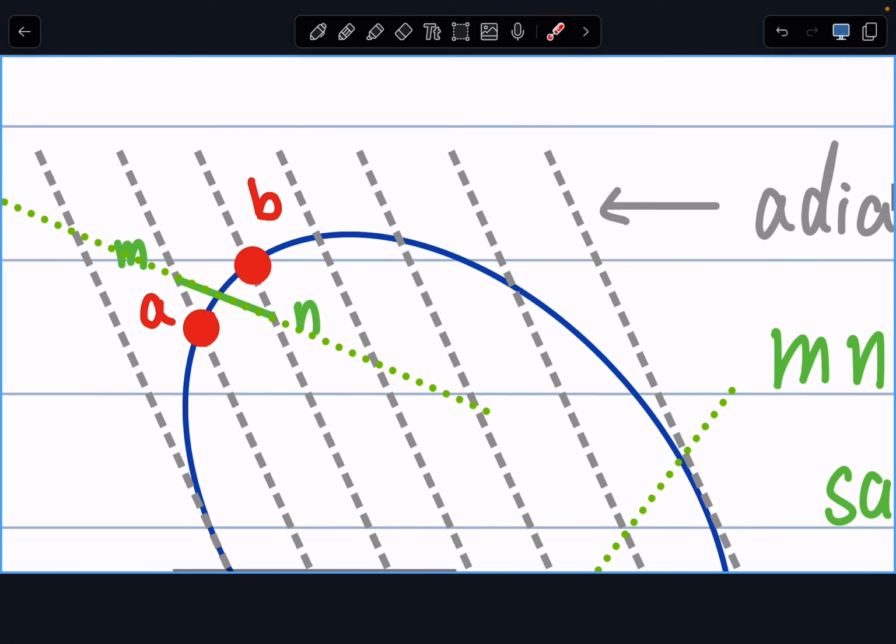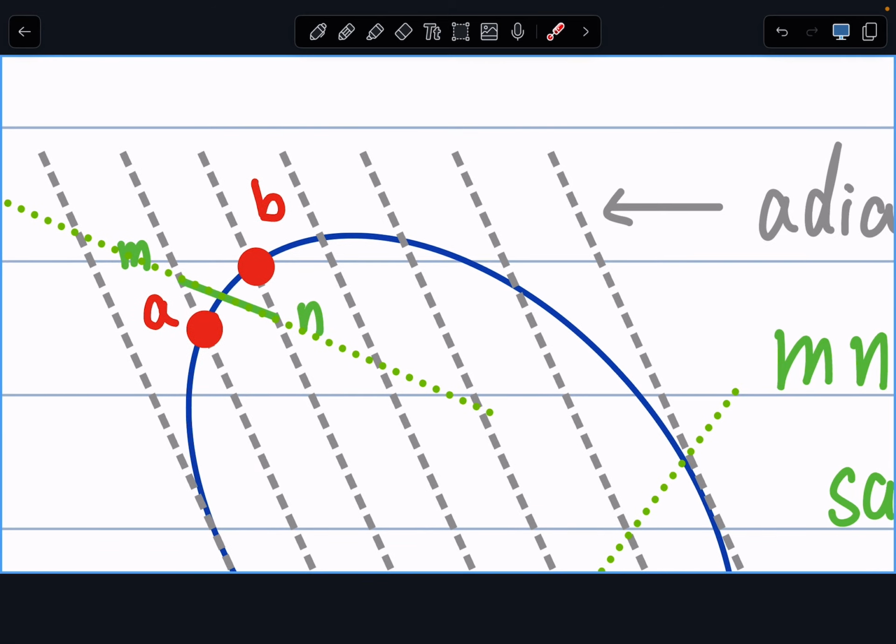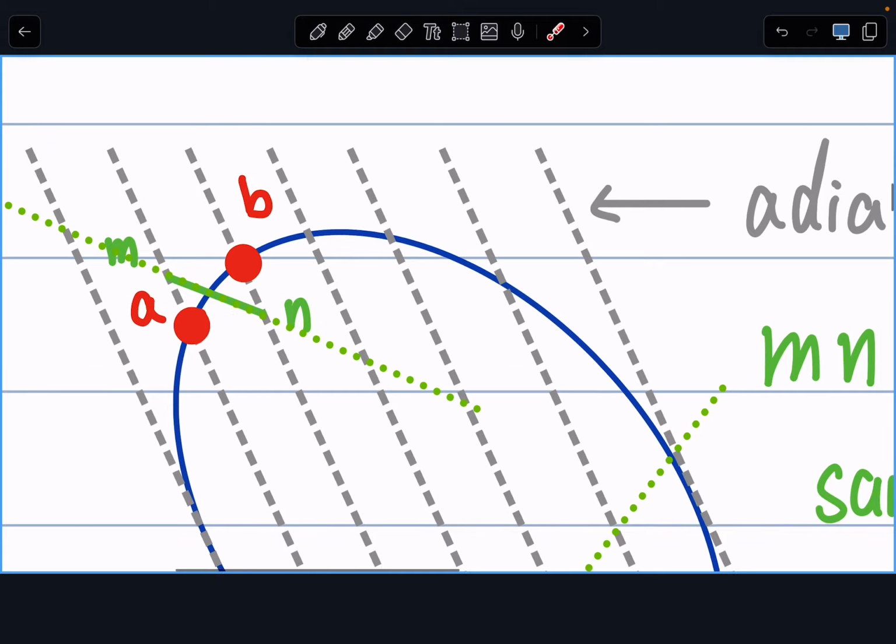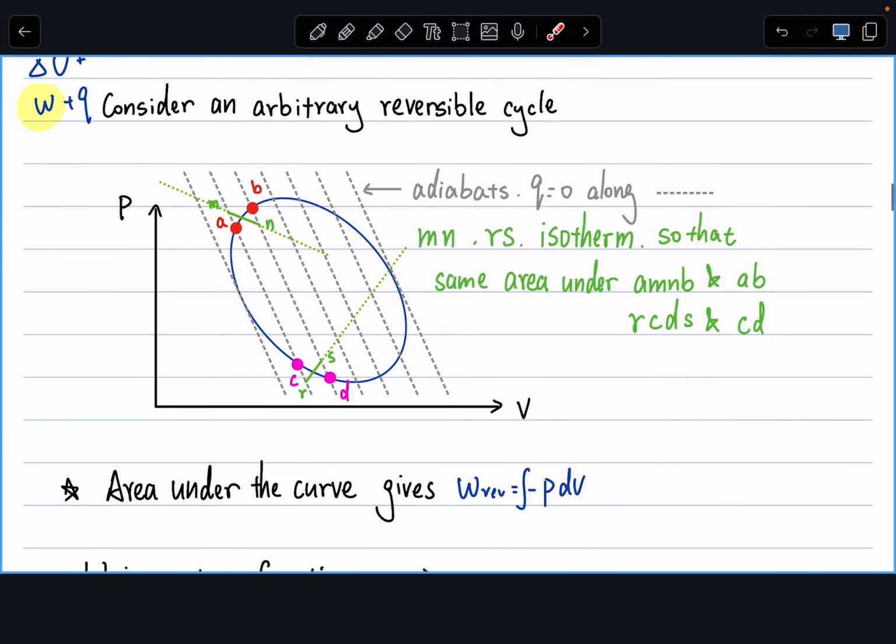The way to put it is, everything else remains the same. If we think about the area below my AB curve, which is like this little triangle, and the area below my A, M, N, and B, when they are infinitely close to each other, these areas will be the same. This little part plus this little part, so the area below my AB and the area below AM, N, B are going to be the same.